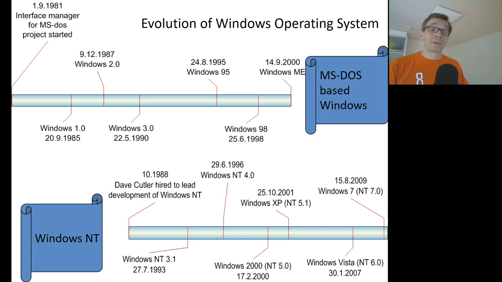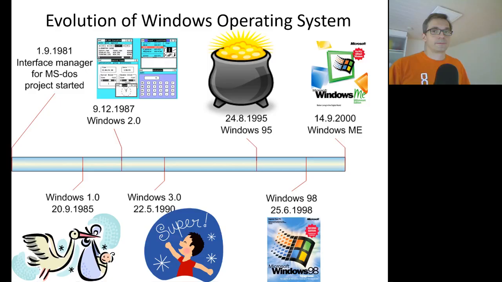For the sake of complete evolution, we should actually put in also the MS-DOS evolution. However, for the sake of simplicity, we will only focus on the Windows-based operating system evolution in these slides.